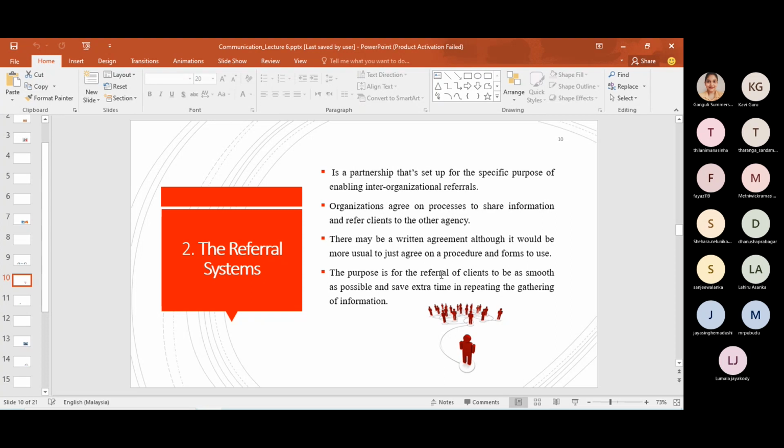Let's say organization A and B are in a partnership. Organization A has their own customer base and organization B has their own customer base. The customer base of organization A will come to organization A, right? Because it's their customer base.